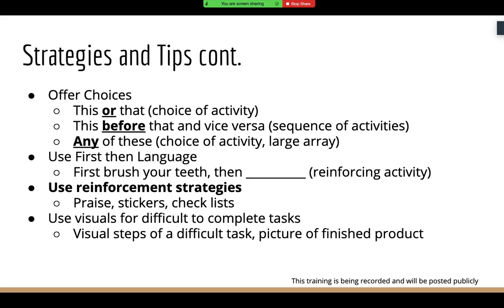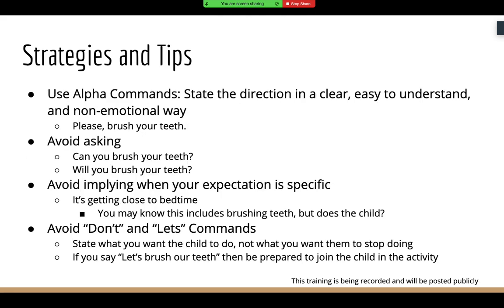I do just want to go back to the previous slide and talk a little bit about the don't commands. I know that a lot of what kids are doing when we're trying to get them to follow directions is engaging in problem behavior.